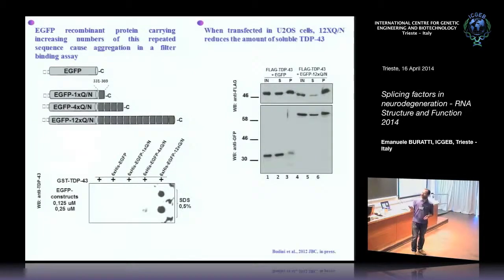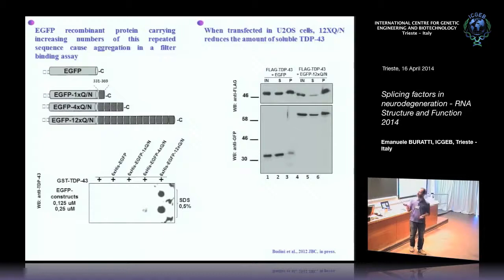And you can see that when we added one of these repeats, then this is a filter assay to check for aggregation. When we added one repeat, there was really not very much effect. With 4 also we could not see a lot. But when we added 12 QN repeats, then the protein started to aggregate on the filter.